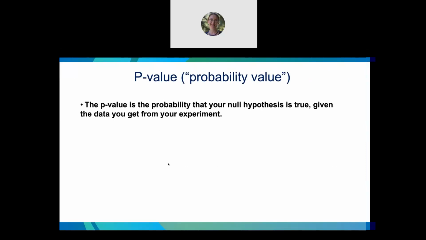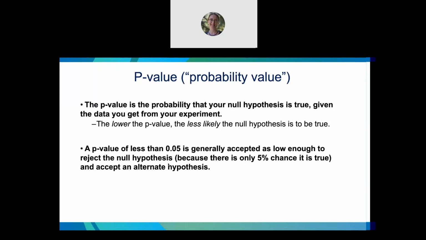And the p-value is the probability that your null hypothesis is true given all the data that you get from your experiment. So you want your p-value to be really small because, if you're going to reject the null hypothesis, you want the probability of your null hypothesis being true to be very small. So in other words, the lower the p-value, the less likely the null hypothesis is to be true.